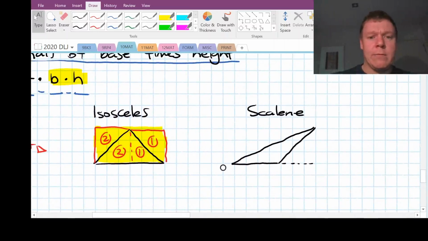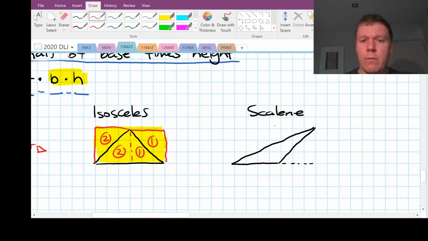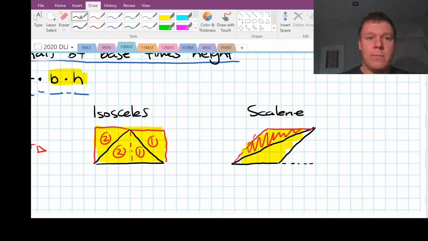With the scaling, it's better to imagine a parallelogram. And remember, so half of this, you can see that the scaling triangle cuts right through half of the parallelogram.